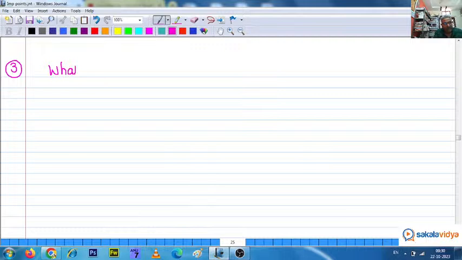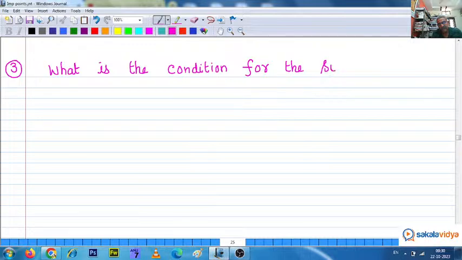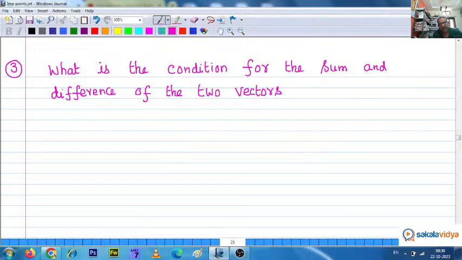Third question. What is the condition for the sum and difference of the two vectors to be the same in magnitude?